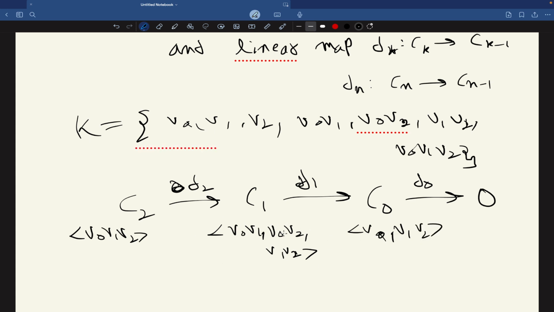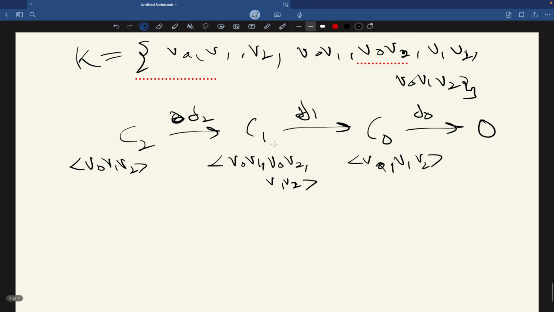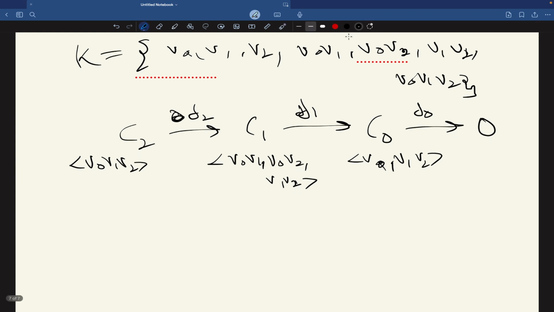So these are the bases. C1 is a vector space that has bases v0 v1, v0 v2, v1 v2, and in this vector space I can have many vectors. So in general, what kind of vector do I have in C1?